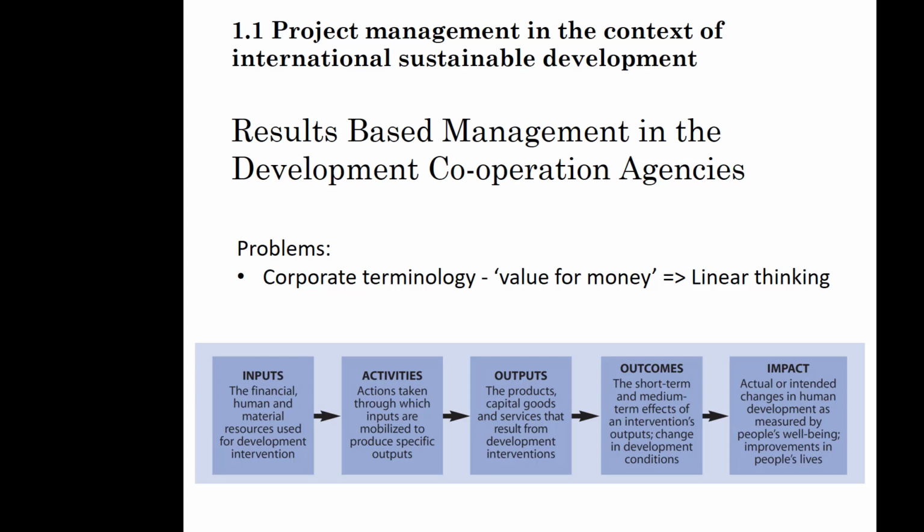Although this was a milestone in project management, results-based management and logical framework approaches, this type of linear thinking was still not quite satisfactory, and that's why changes were needed.